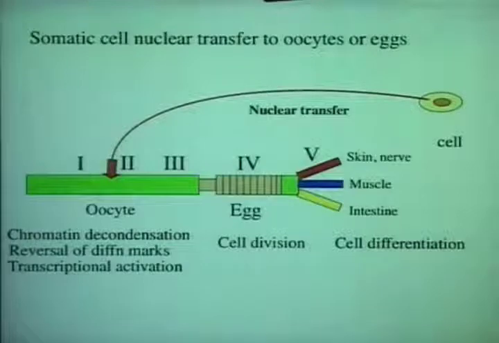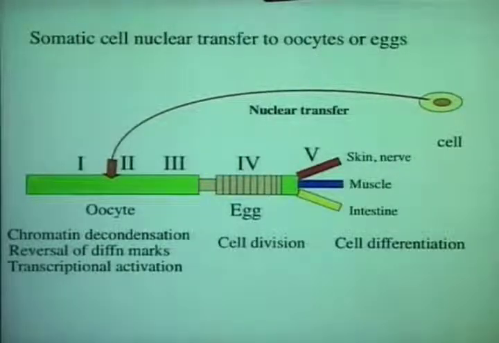So the idea here is that we need to know two things. One is, how does a specialized nucleus go back in development to become embryonic? And later one will want to know how, having become embryonic, it then starts to go through the normal differentiation processes.